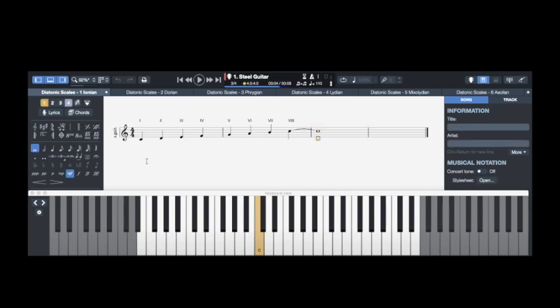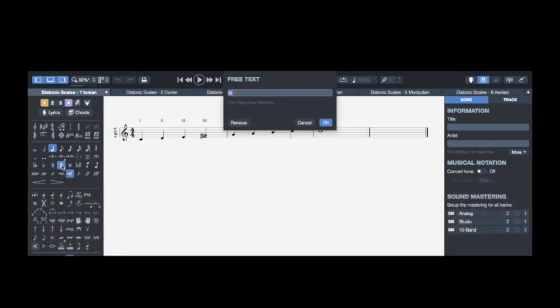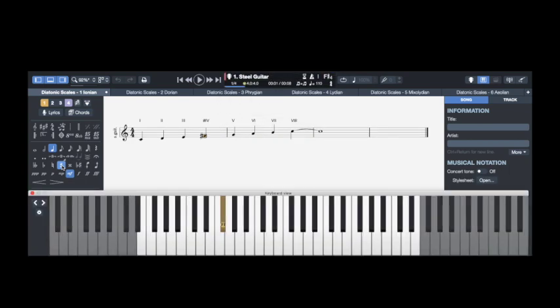So let's create another diatonic scale. Let's sharpen the fourth step once more, like that. And then let's flatten the seventh.